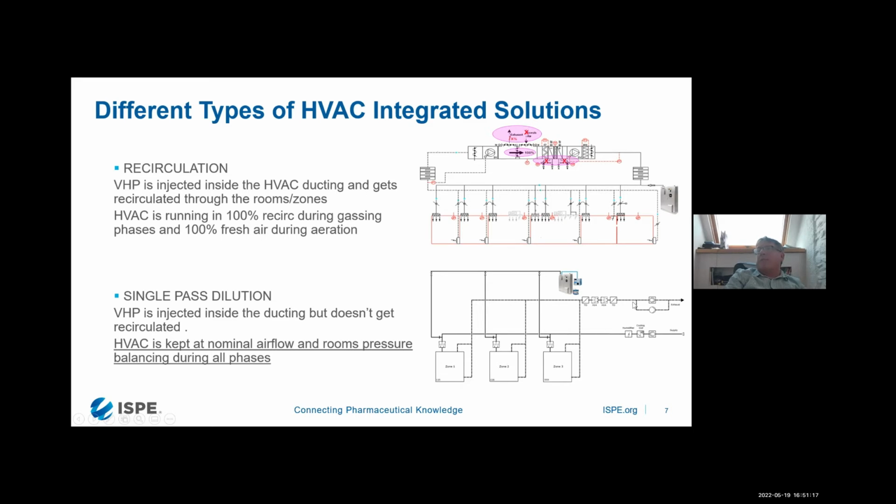So that way, and this is the great thing about the technology, we don't stop the HVAC, whereas on the recirculation we keep the HVAC on too, but then we have to recirculate. And when we recirculate, we no longer can do any pressure control. That was a kind of gap for BSL, because the BSL industry likes to have this cascade of negative pressure.